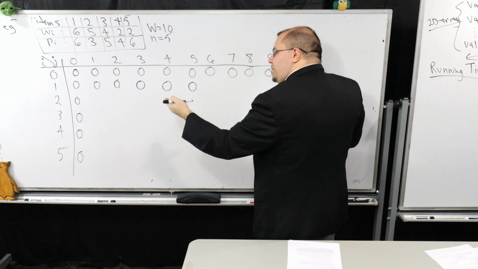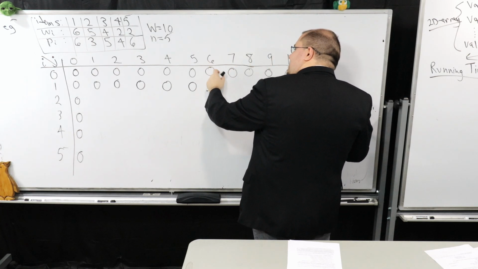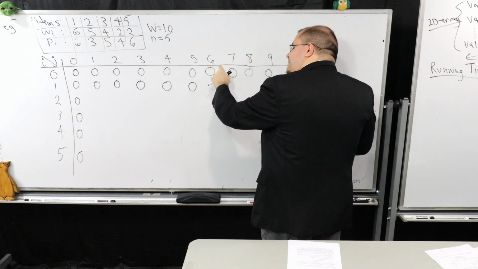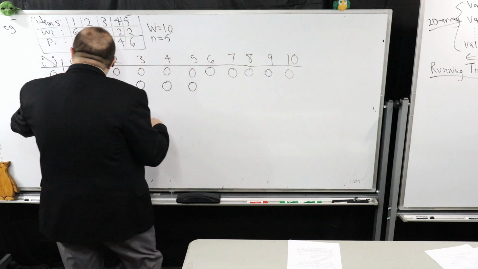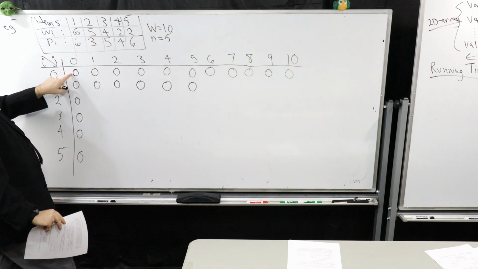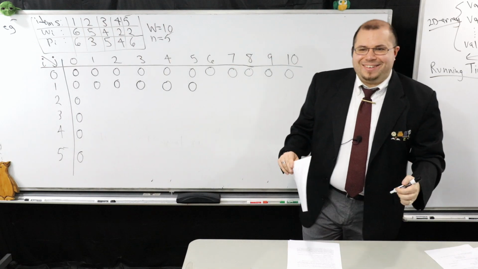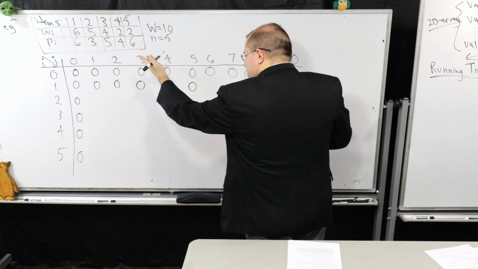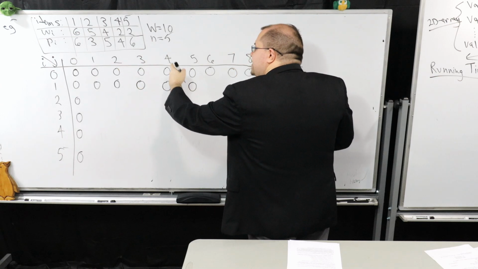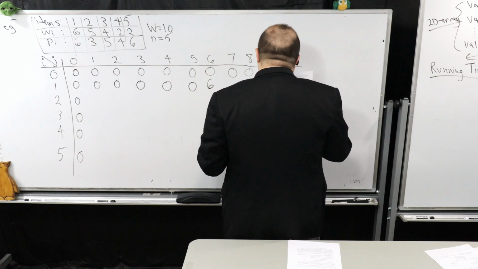In this case, I have no items, with capacity 6 minus the weight, which is 6 minus 6. So I'm comparing this value plus the profit of item 1 versus this on its own, vanilla. That's it. So I pick that entry plus 6 or 0. Which one wins? It will be 6, right?